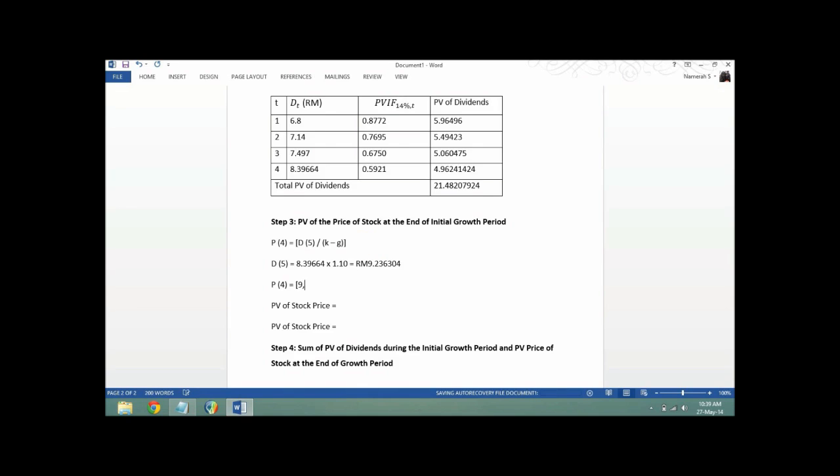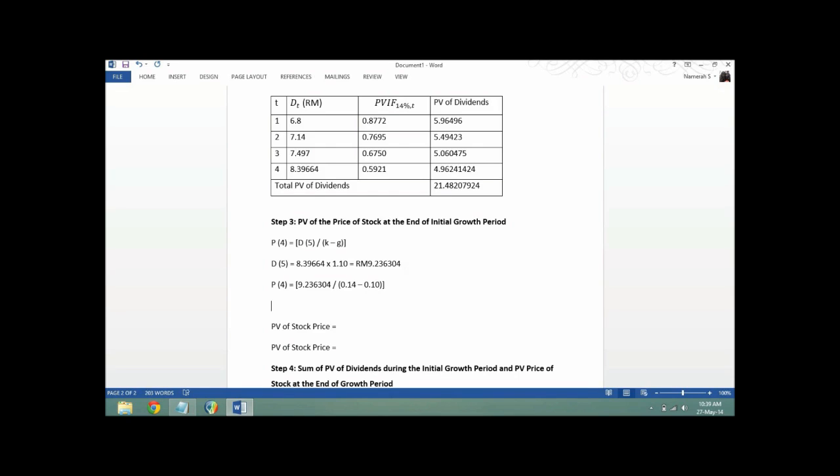D5 is 9.236304 divided by K, which was 14%, 0.14 minus G, which was 10%, 0.10, which gives us the price of stock as 230.9076.